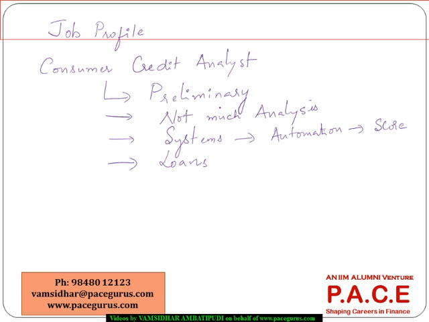This kind of profile gets in. So it's a very entry level profile, and in this also, only up to a certain dollar amount this person can typically take some kind of a decision, but anything where the amounts are larger, the cases are referred to the next layer. So that is how the consumer credit analyst works.